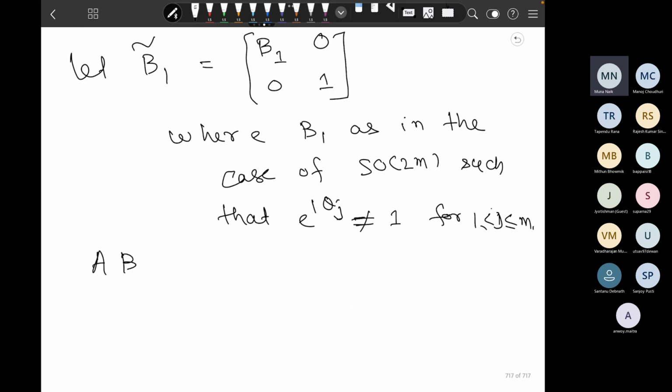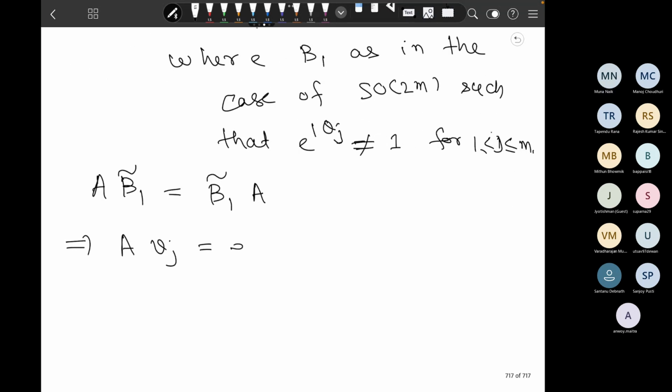So you conclude that A B1 tilde is equal to B1 tilde A. That will give you A bj is equal to e to the power i alpha j bj, and A bj bar is equal to e to the power minus i alpha j bj bar.